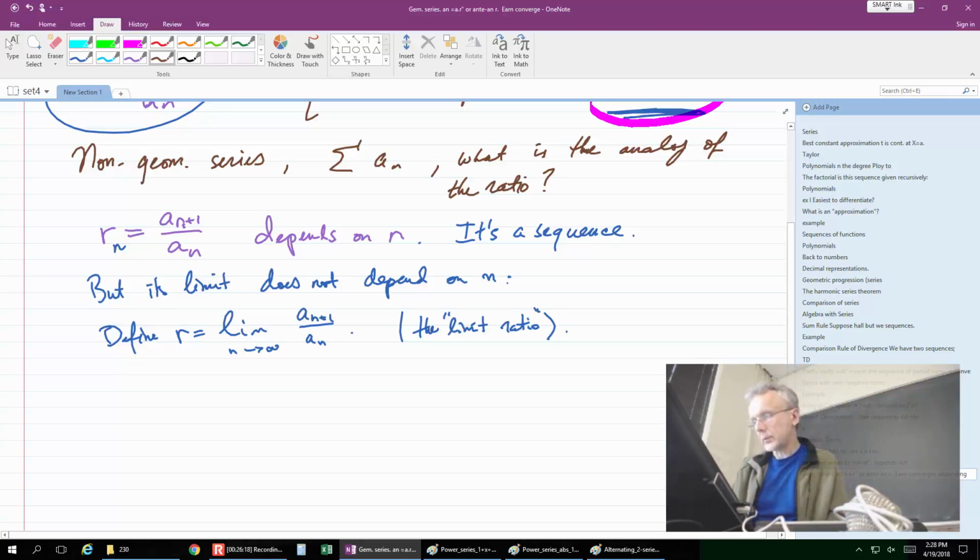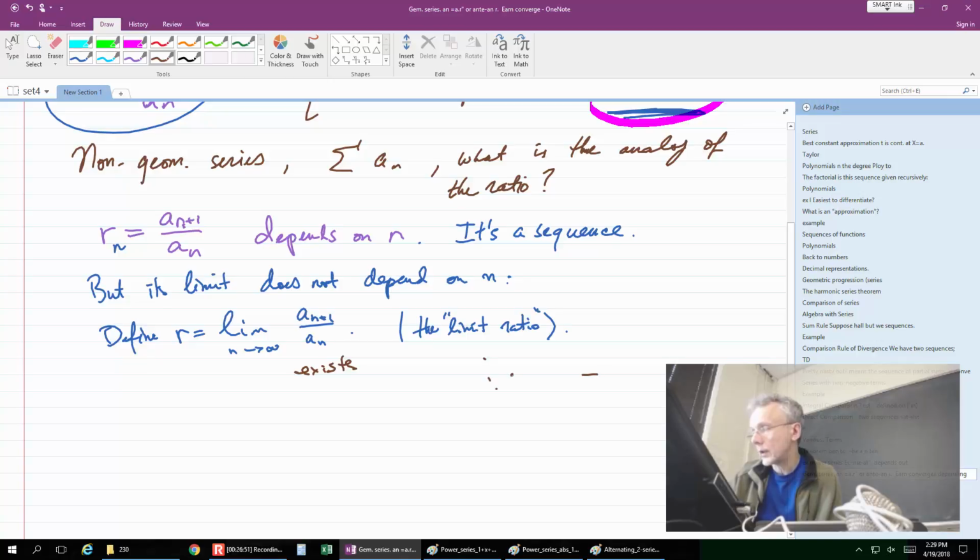Well, let me give you an idea of why this is the case. So suppose there is a convergence. We have a limit of a sequence, which means there's a possibility that it might not exist. Or it might also be a large number, which will be an indication of divergence. It could be infinity as well. But suppose the limit exists. Then what we have here is a sequence of ratios that converges to this number.